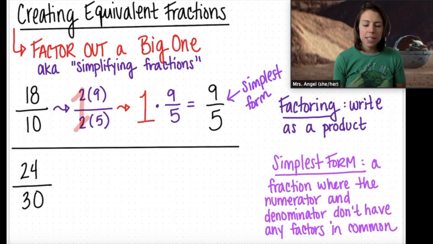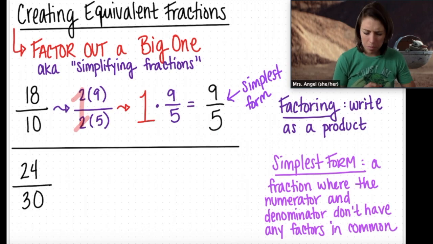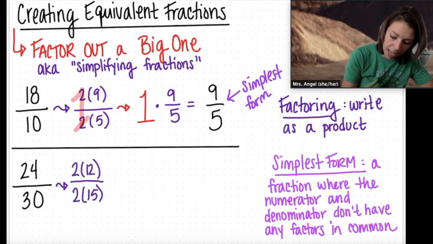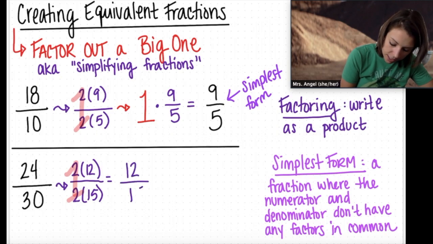So let's try our second example. We have 24/30. I know 2 goes into both, so let's start with that. 24 is 2 times 12, and 30 is 2 times 15. Look at that. I see another big 1. So really, that just leaves us with 12/15.